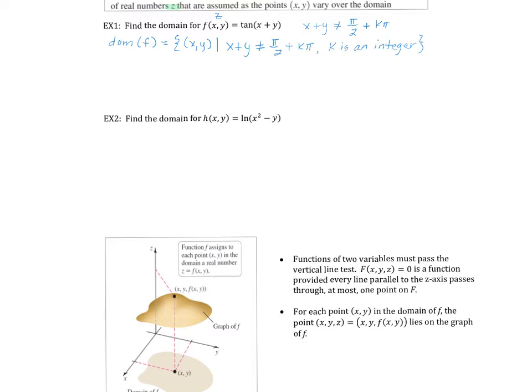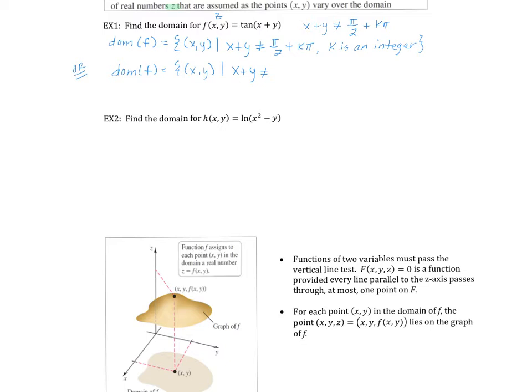The way we describe the domain is not unique, as long as it's sufficient. So I could also write this as the domain of f. It's going to start the same, because I'm putting in points x and y such that x plus y cannot be equal to, think about pi over 2, 3 pi over 2, 5 pi over 2. That's where tangent has its vertical asymptote, so it's undefined.